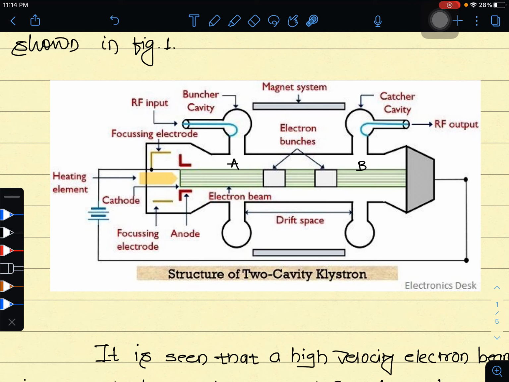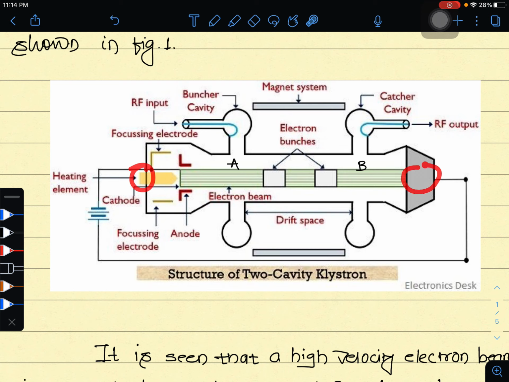This figure, a two cavity klystron amplifier, consists of a cathode, focusing electrode, and a buncher cavity having a very small gap A. There is a buncher cavity, and a catcher cavity with a small gap B. Now the input and output are taken from the tube.